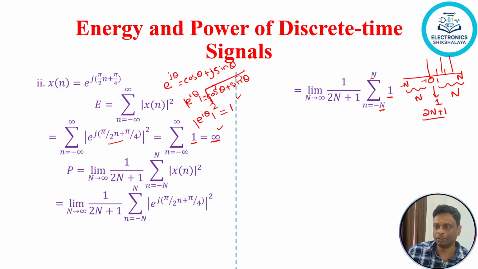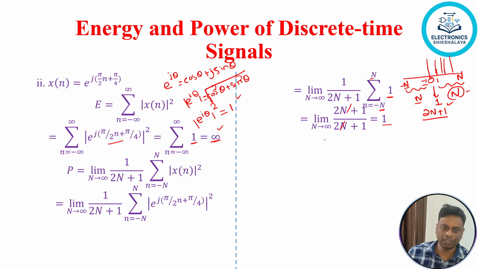The 2n plus 1 cancels out and we are left with 1.